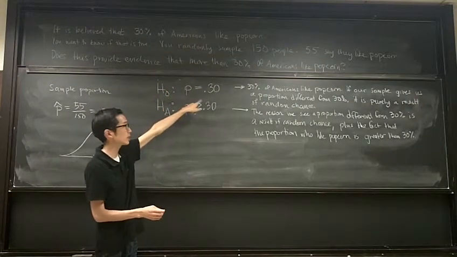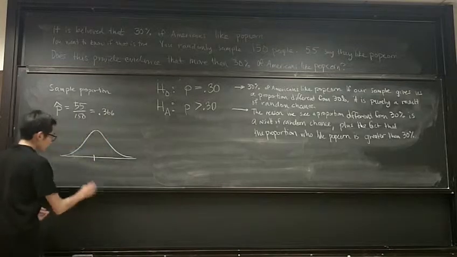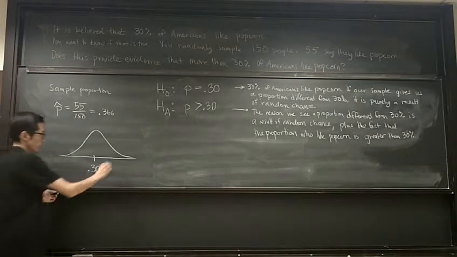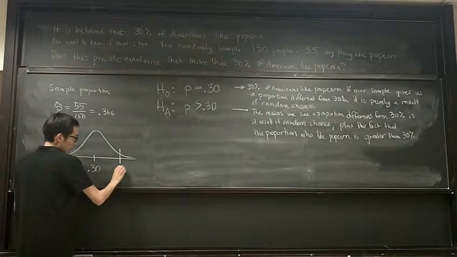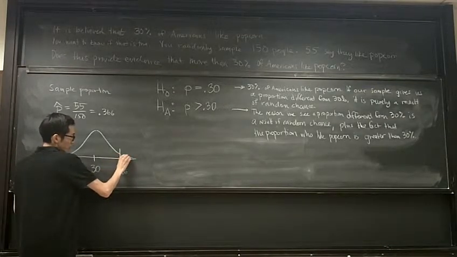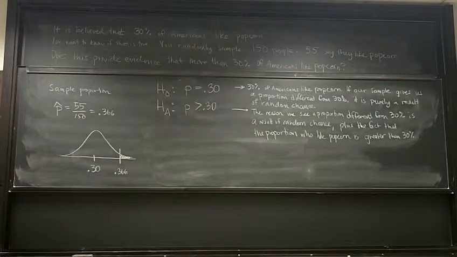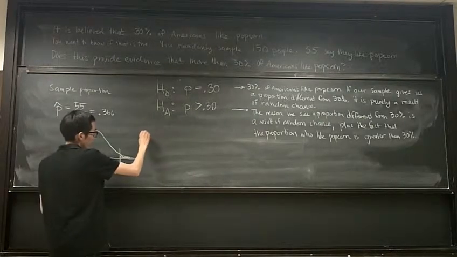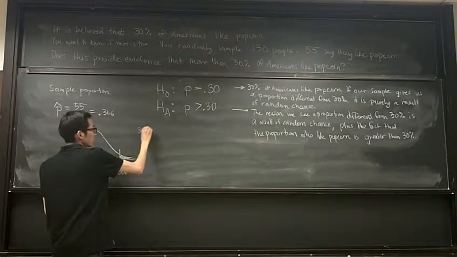What is our null hypothesis? That the proportion is 30%. So we put 30% in the middle. We want to know the probability of getting 0.366 or something greater. And so I have to figure out my standard error.